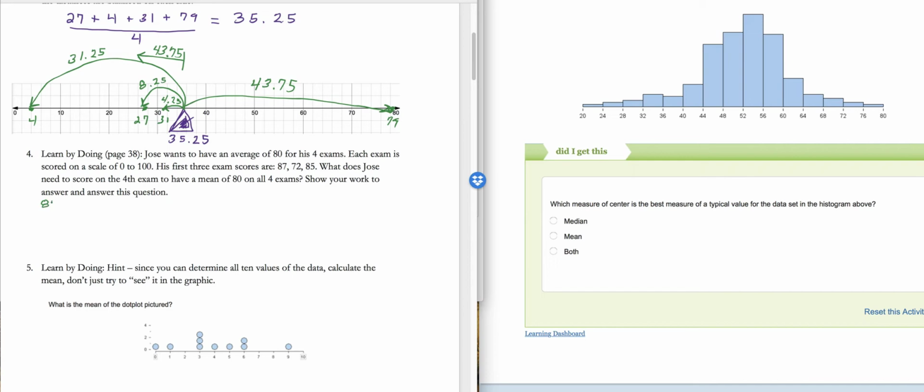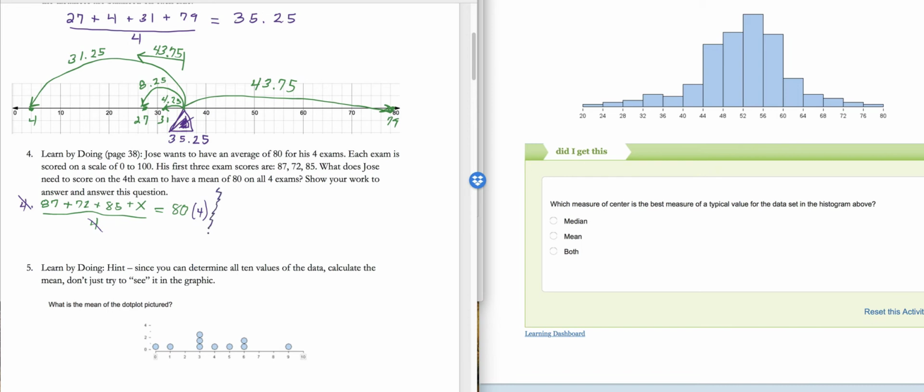You would take the quiz scores that you have, 87, 72, plus 85, plus the new one that you're looking for, divide by 4, and set that equal to the average of 80 that you're looking for. Then, of course, to solve, you're going to multiply on both sides by 4, and then subtract each of these remaining constants to get your exam score.